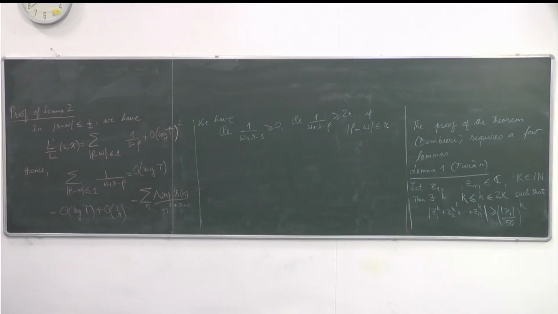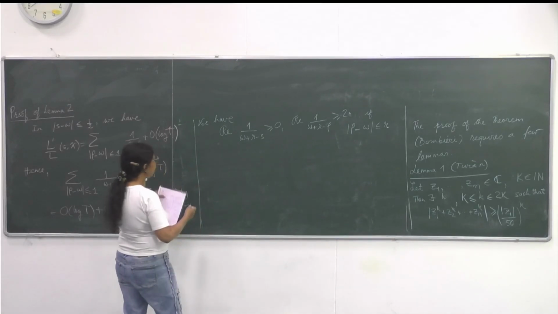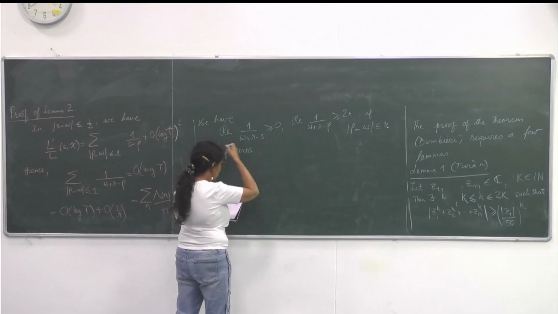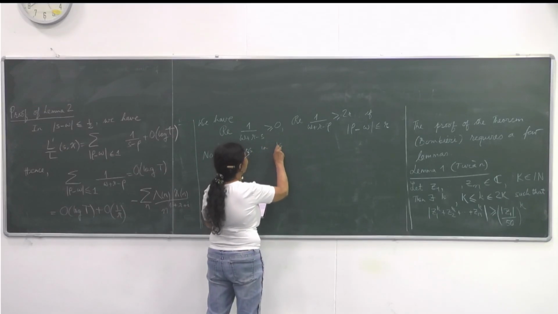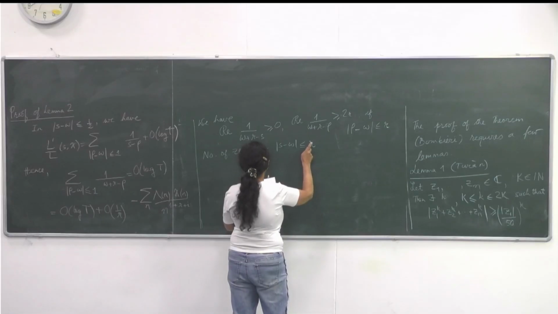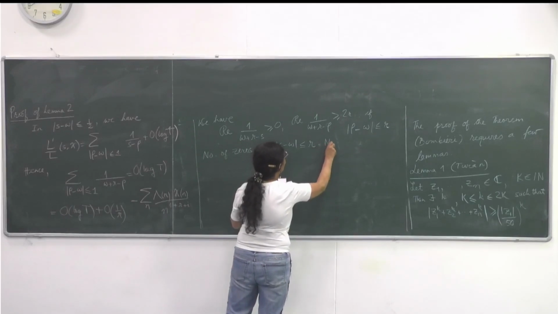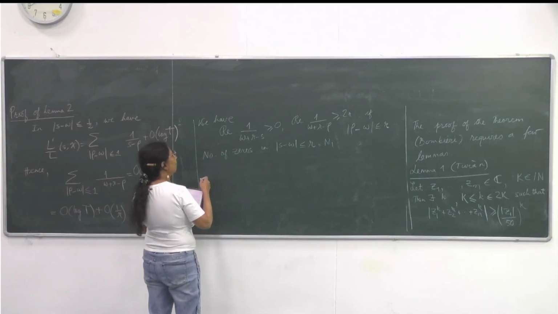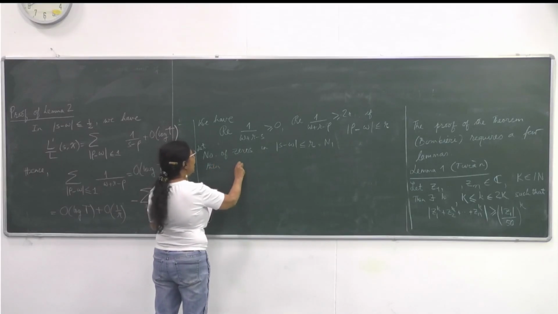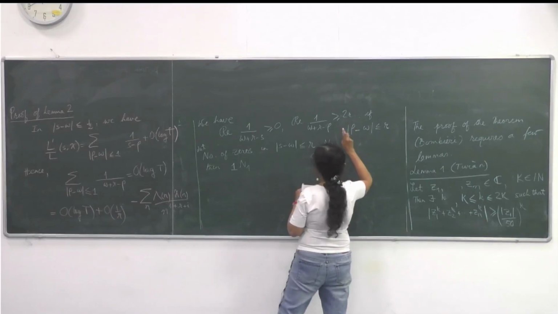So if I take the number of zeros in |s minus omega| less than or equal to r, say equal to n1, then you have the 2r here, so you normalize by the 2r.